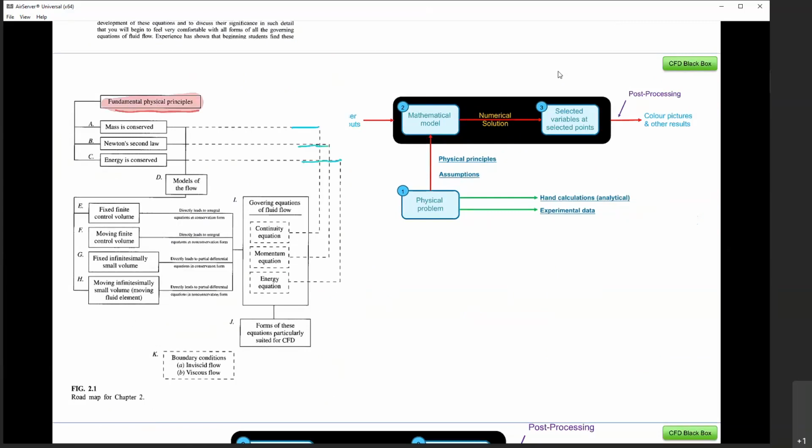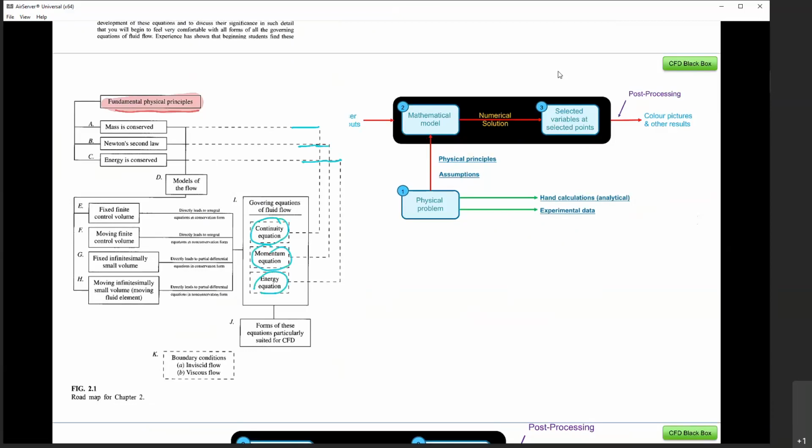They are all going back into the equations that we are quite familiar with from fluid mechanics, the governing equations. So mass conservation is related to the continuity equation. Newton's second law is related to the momentum equation, and energy conservation is the energy equation. So we're going to look into that.